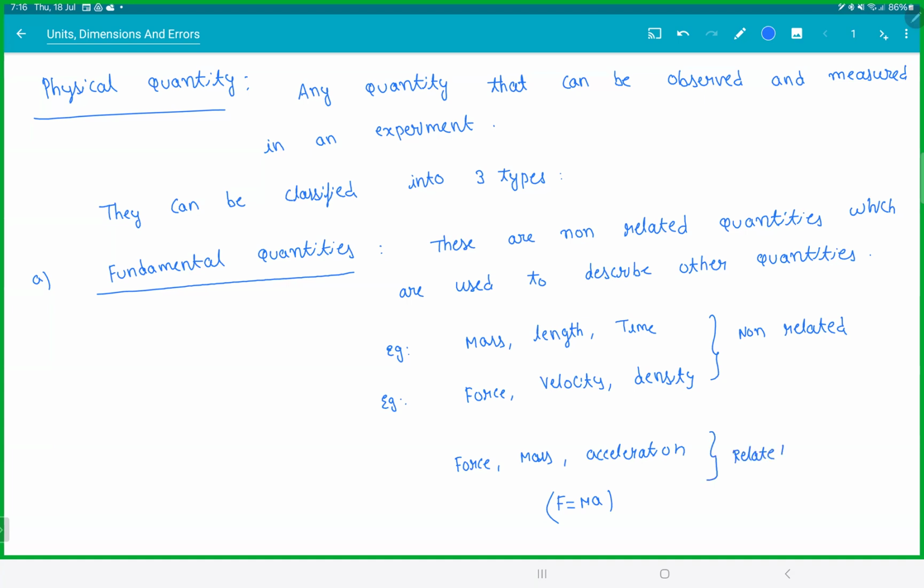If you can create a relation between the three quantities, you cannot use them as fundamental quantities. Therefore, force, mass, acceleration cannot be fundamental quantities. You cannot use these three to describe everything.